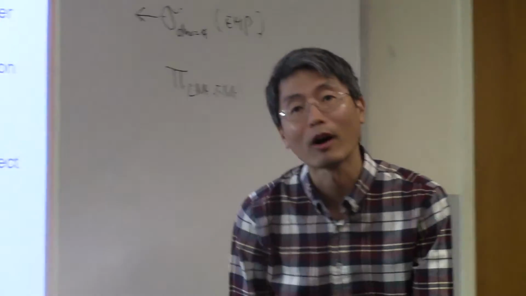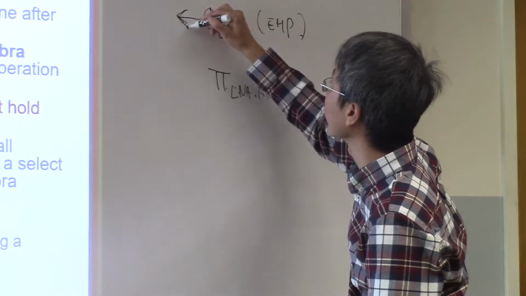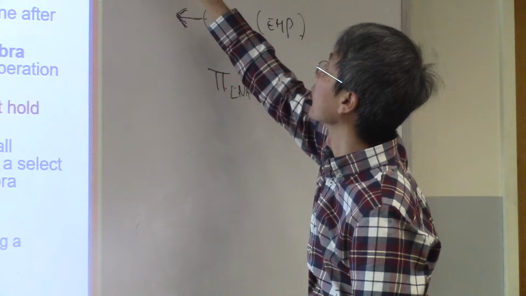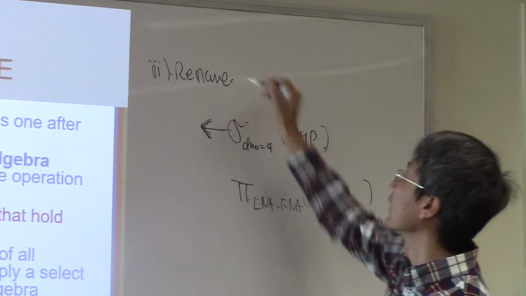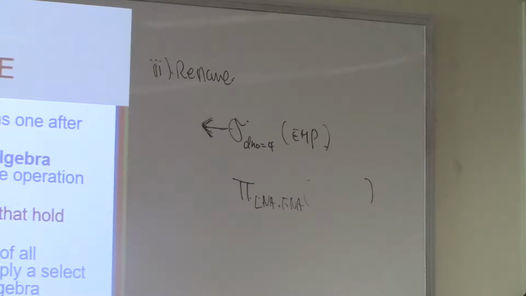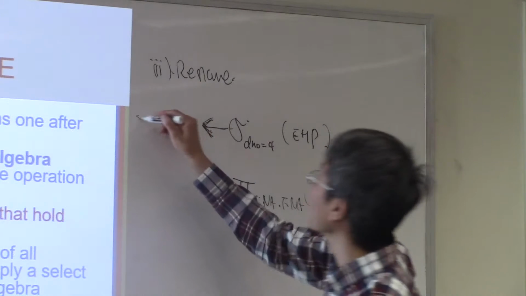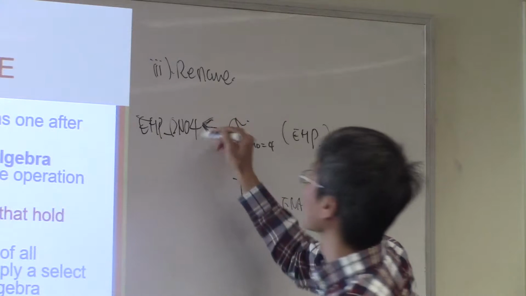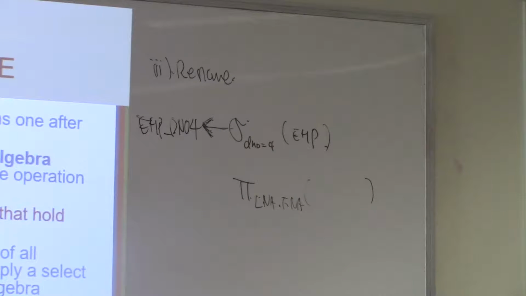To address that problem, we are going to use the arrow as the third operation, rename. Rename of relation. For example, this is employee, EMP_DNO4. This is the relation name.